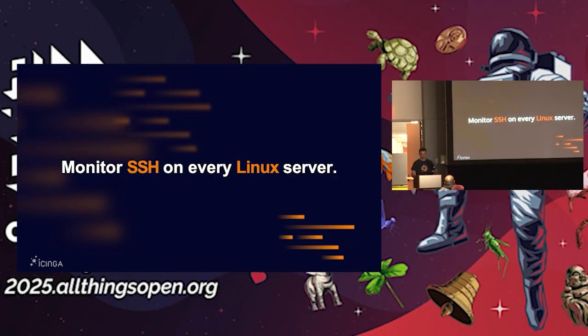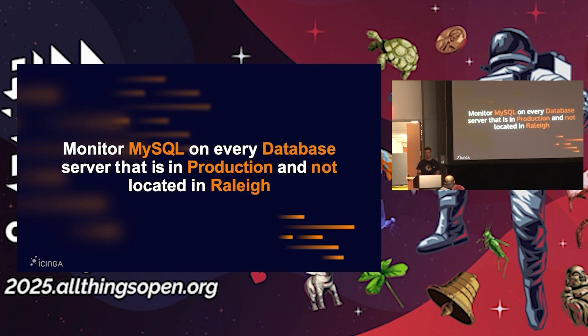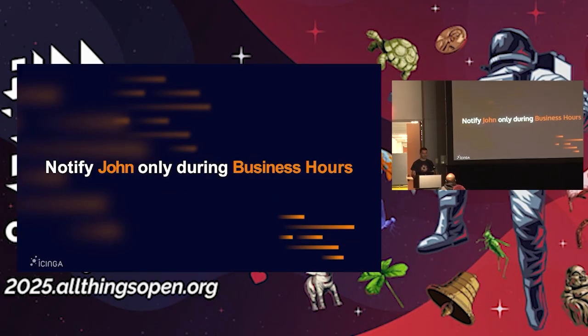It's a custom DSL that lets you express exactly things like this. You can tell Icinga to monitor SSH on each Linux server, or do something very similar to monitor Nginx on each web server, which is very simple. But this goes further with more complicated stuff. You could tell Icinga to monitor MySQL on every database server which is in production, but not located in Rally. So things like this are possible to tell Icinga how to behave in monitoring.